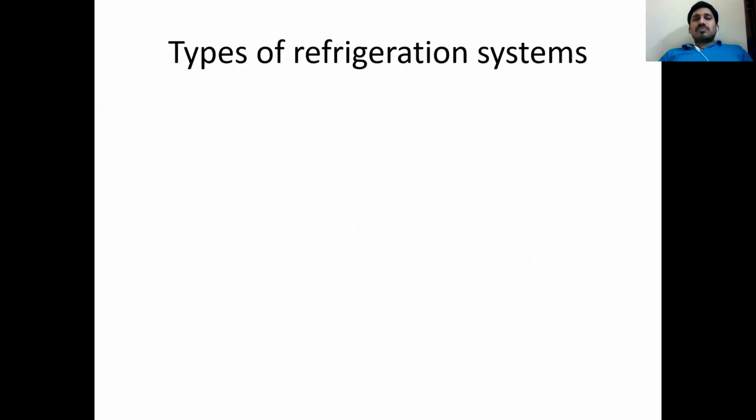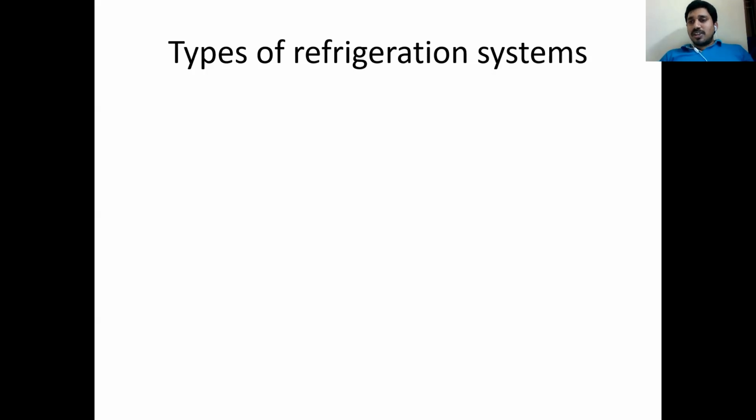Now, what are the types of refrigeration systems in our subject? There are a number of refrigeration systems available. I will discuss each and every refrigeration system in bullets, and later we'll discuss the working of each.